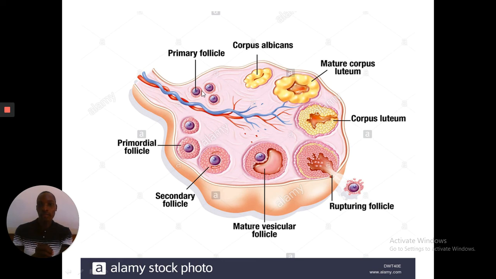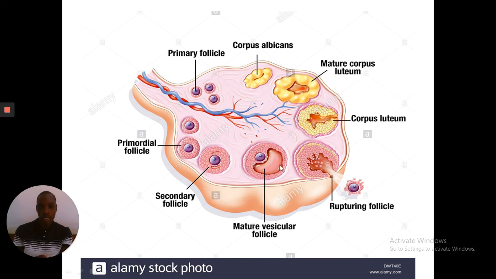We had these primary follicles here, and now this one has been allowed to grow. So like 5 to 12 of these are allowed to start proliferating. To proliferate is to grow. So now these follicles start growing and get bigger in size, and after division has taken place, it becomes what we call a secondary follicle, and you find some cavities start appearing, and then it becomes fluid filled.